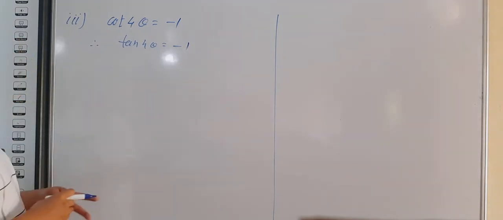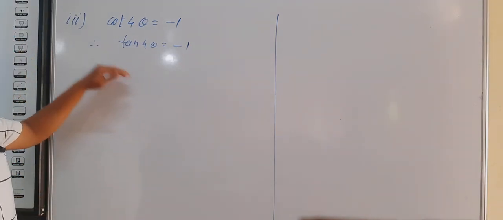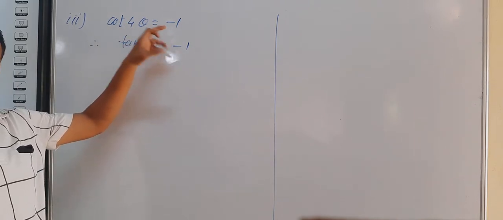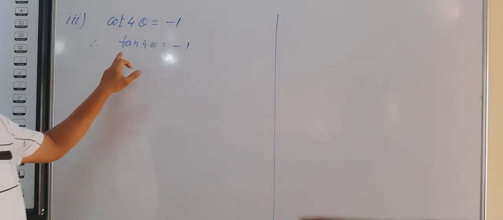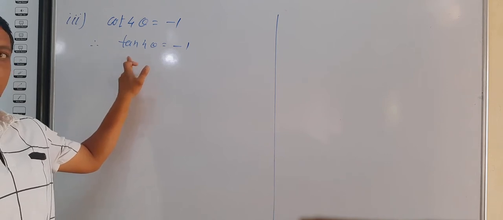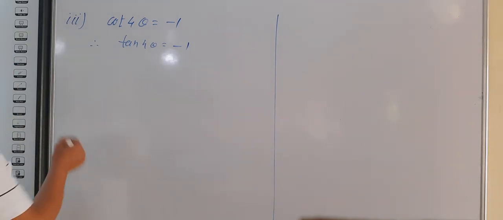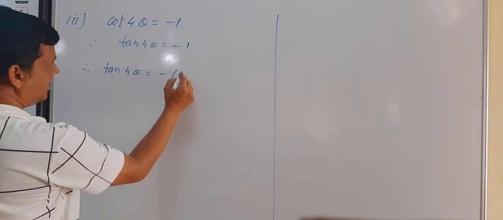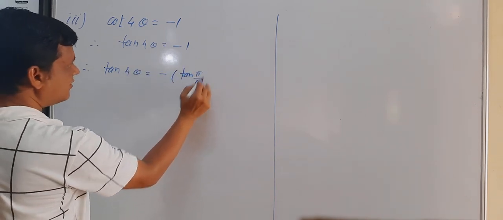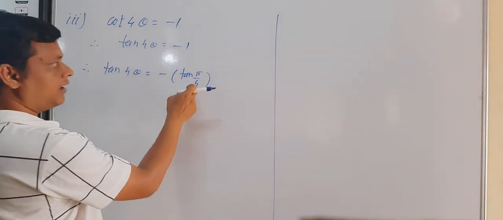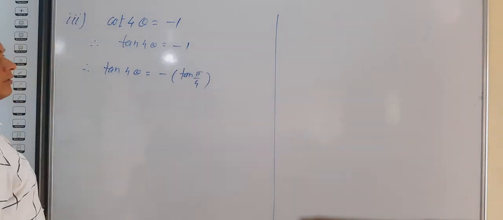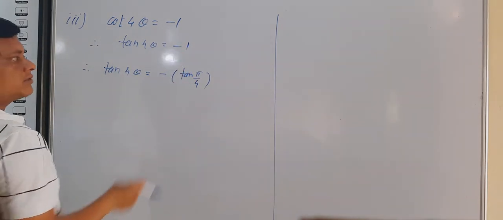So we are finding the general solution for tan 4 theta equals minus 1. Therefore tan 4 theta can be written as minus tan pi by 4. We know for angle pi by 4, tan is 1. So tan pi by 4 we write in place of 1.